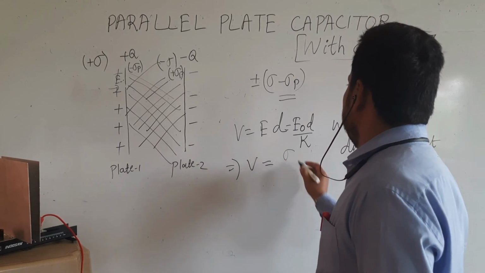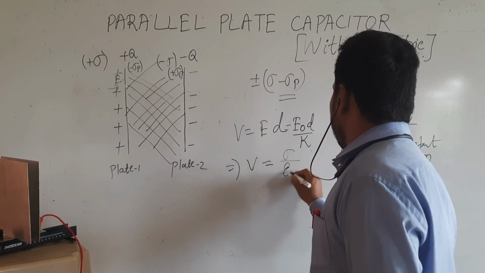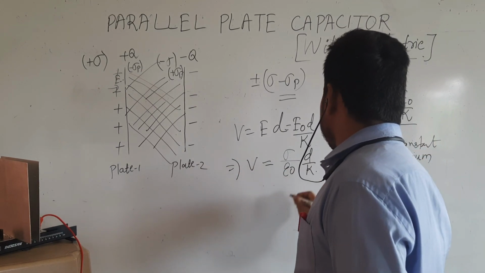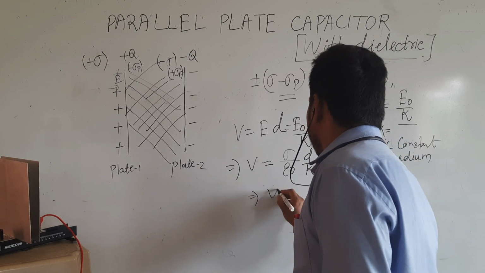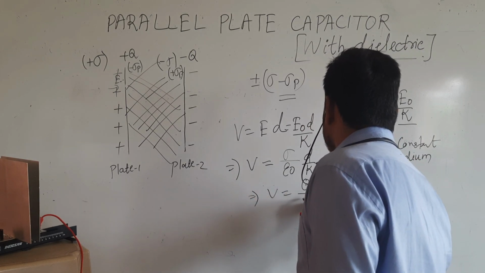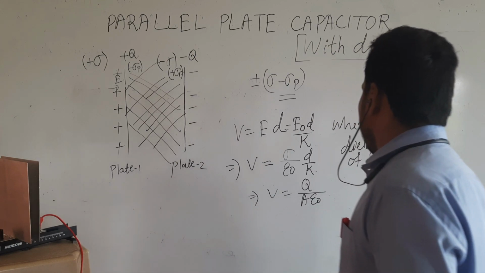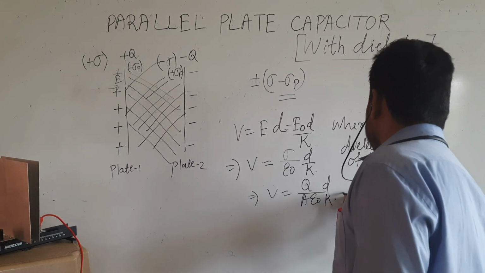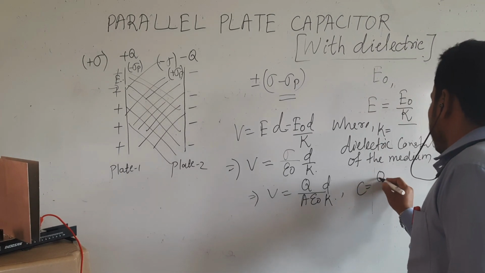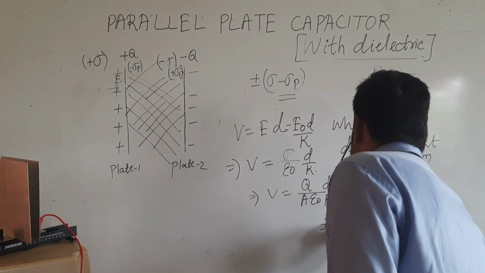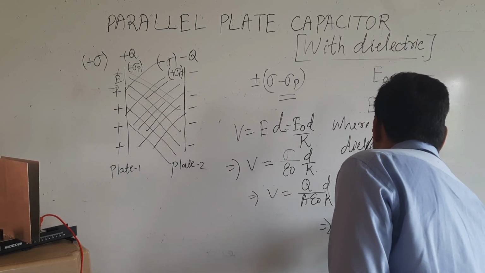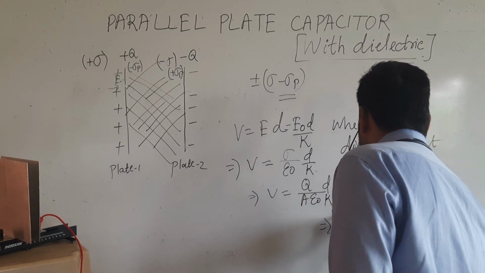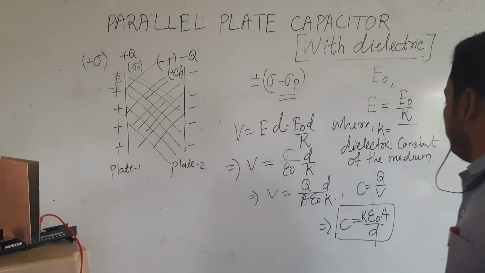So I can write sigma by epsilon naught times D by K, and substituting the value of sigma, charge per unit area Q upon A, we get V. So capacitance C equals Q by V, which is K epsilon naught A by D. You see how it changes from the previous one.